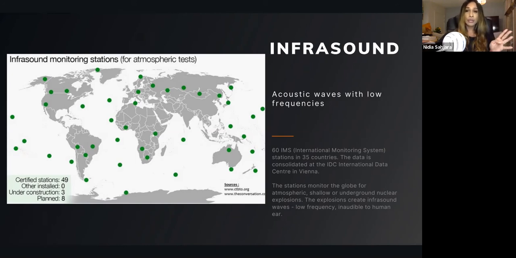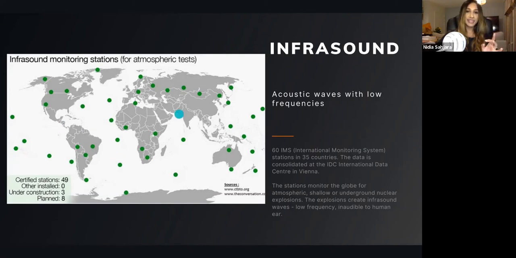Out of the 4 detection methods, we would look at infrasound. Infrasound is an acoustic wave with low frequencies. And the IMS, the International Monitoring System, has all these right now. It's about 60 in total. Well, these are planned, but they come to the 60 right now, and it's all over about 35 countries.